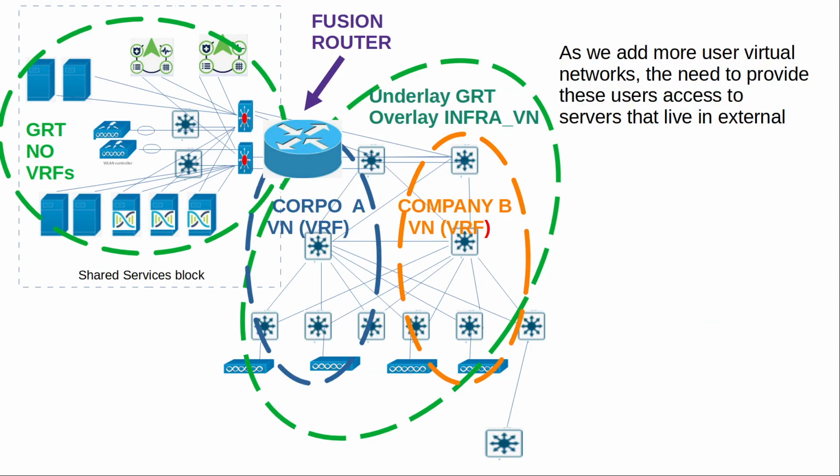The problem becomes more complex as I start adding virtual networks into my fabric, because now this fusion router has to map the prefixes that exist in this blue VRF into my green global routing table, and it should also be able to inject the prefixes that exist in this orange virtual network into the green global routing table domain.